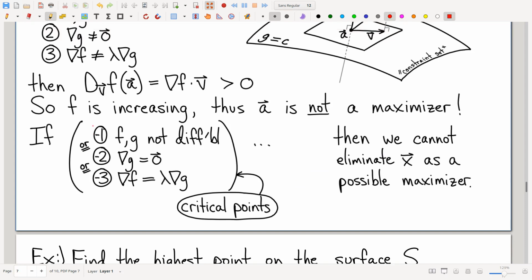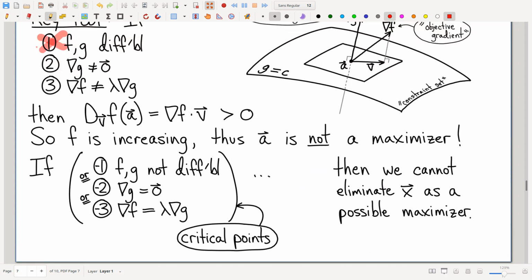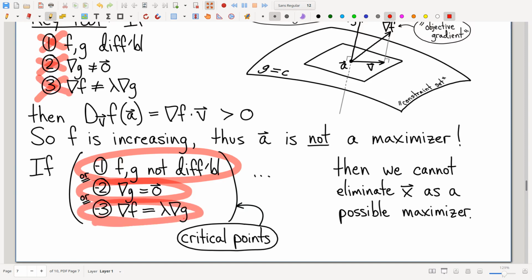If either of these functions fails to be differentiable, or if the constraint gradient is zero, then I have a problem geometrically with that perpendicular line. If the objective gradient is a multiple of the constraint gradient, then again, problem.